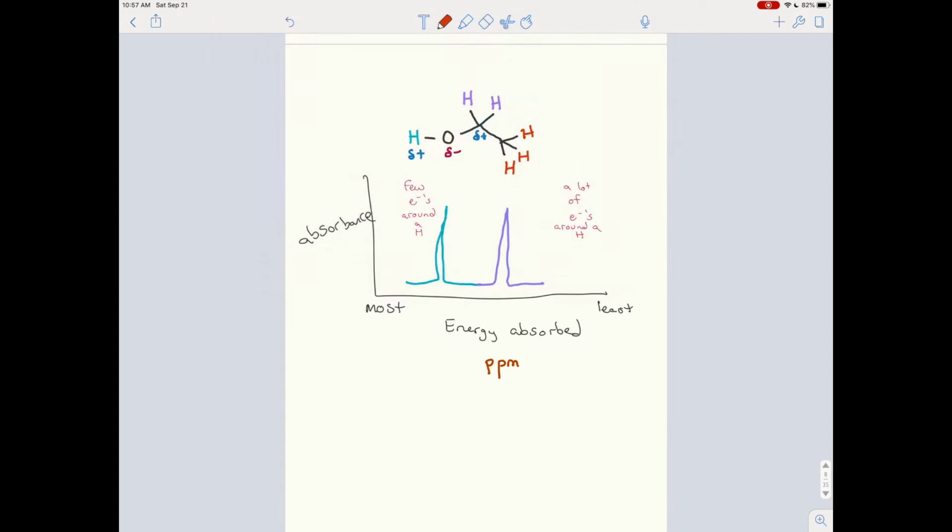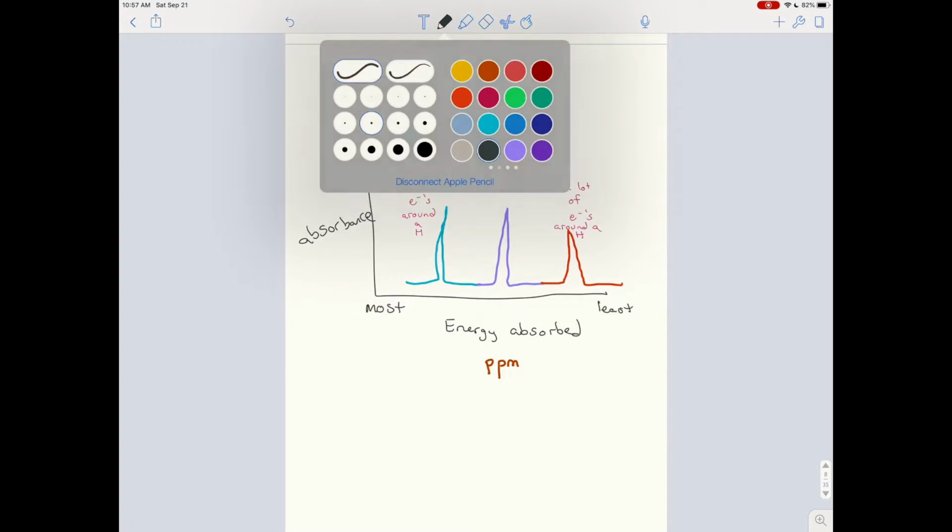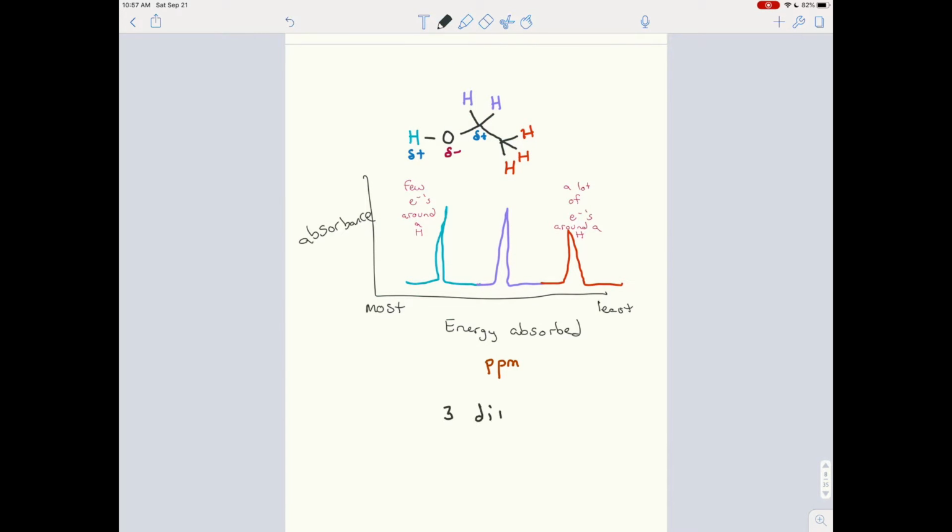And then the ones with the most electrons felt the weakest magnetic field, and so they had a peak over there. So you can see how the different electronic environments give rise to different signals. In this spectrum we have 3 different signals, because you have hydrogens in 1, 2, 3 different electronic environments.